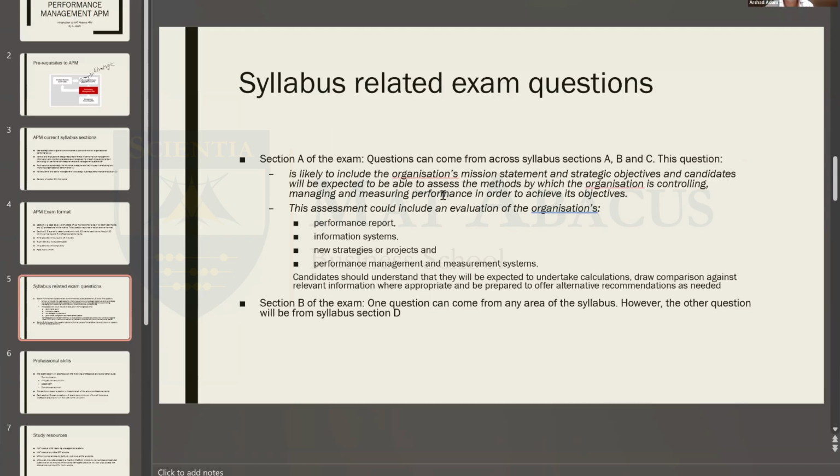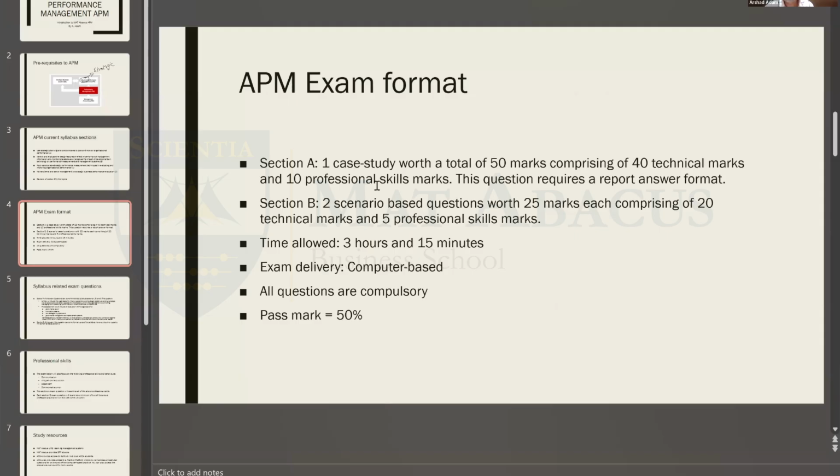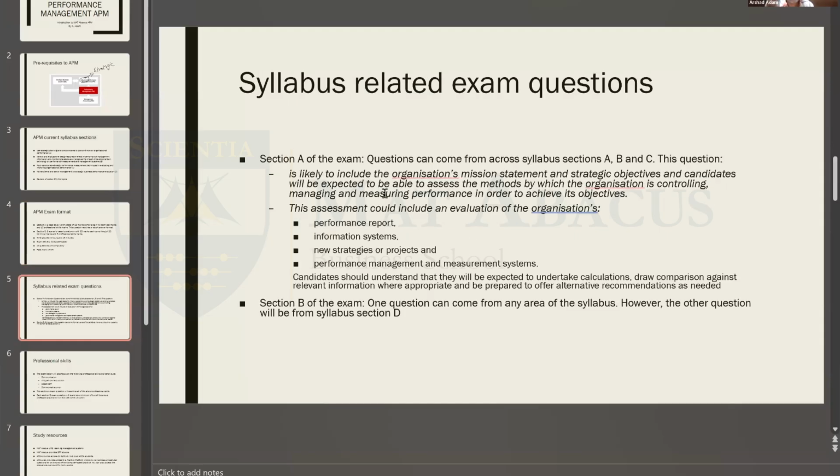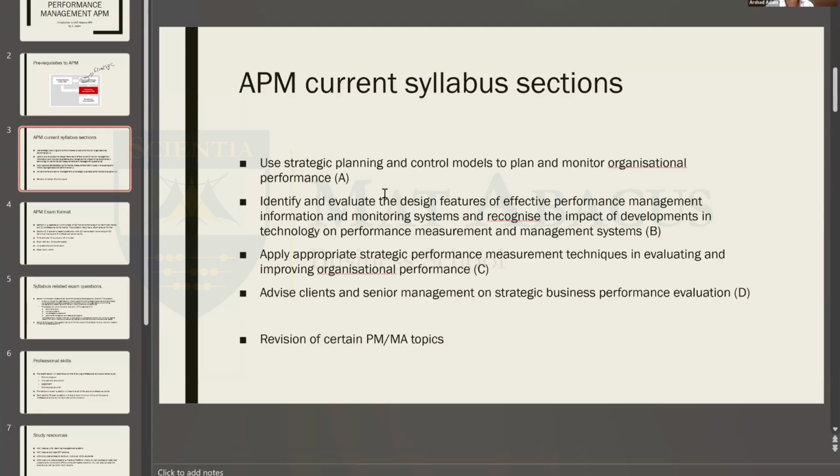In section A of the exam, in other words, the 50 marks question, is going to include elements from syllabus sections A, B, and C. Strategy, effective performance management design, and suggest or advise on appropriate techniques of performance measurement.